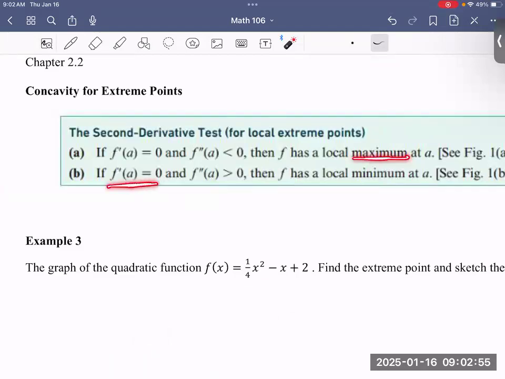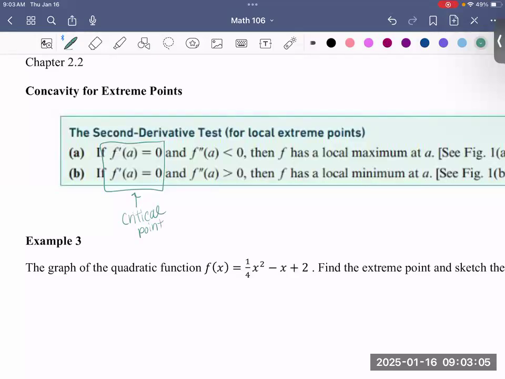Whereas if your first derivative is equal to 0, all this is just saying is that these are critical points, or a critical value, I should say. At your critical values, if your second derivative is greater than 0, we now have a local minimum.